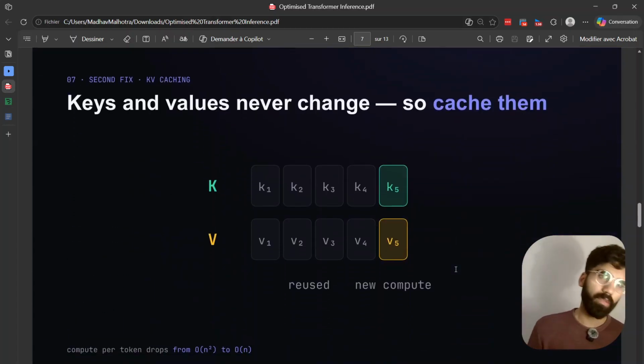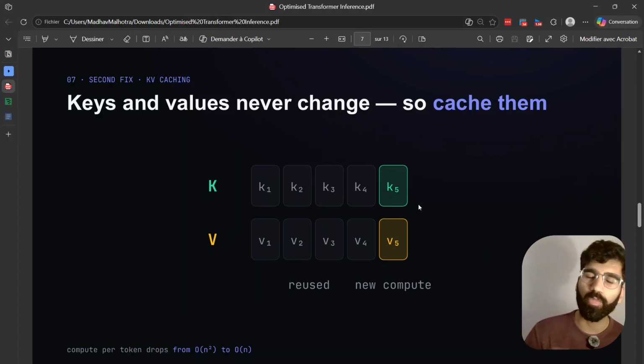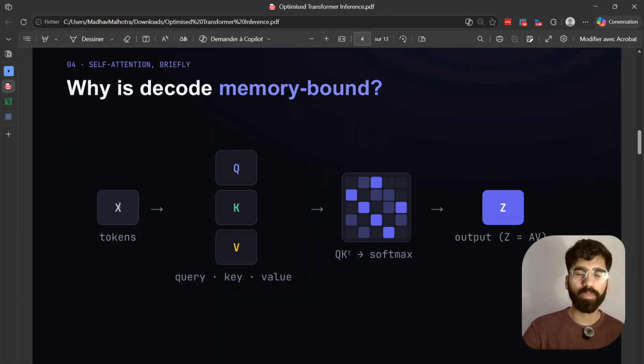But the next way is something called key value caching, and this does have some trade-offs involved, so let's move a little bit more carefully here. When it comes to the keys and values, I talked earlier about how we have to do these matrix-matrix multiplications to generate them. Recall, we just take the tokens that we have generated so far in the sequence, so let's call them x, and we will multiply them by our weight matrices, our parameters.